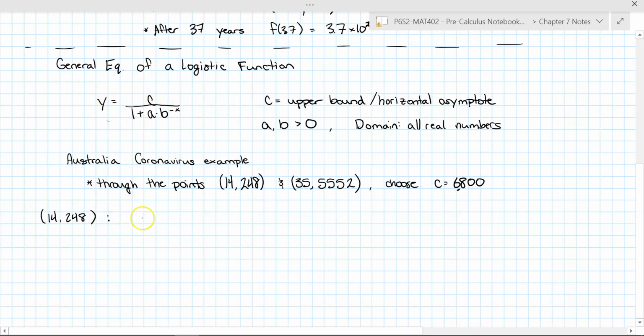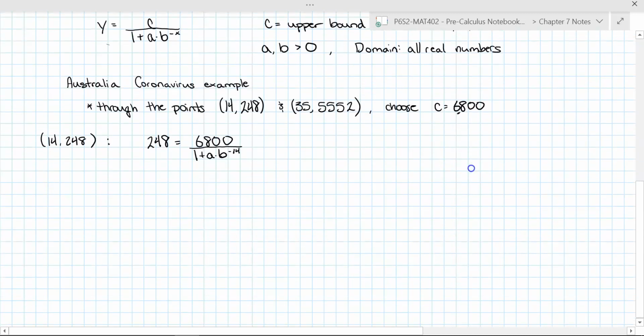So I have y, 248, equals C, we're going to choose 6,800, over 1 plus, I'm trying to find what A and B are, B to the negative 14. And I'll do the same thing for the other point. My other point was 35, 5,552.